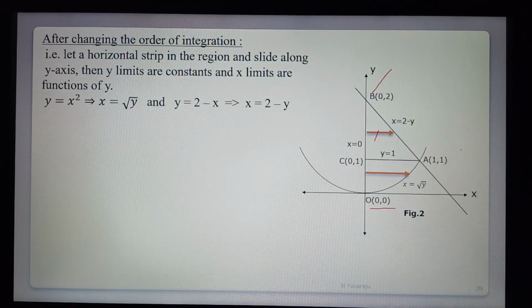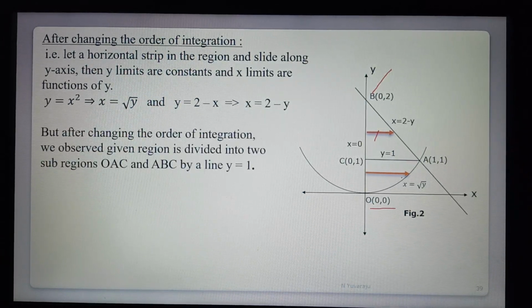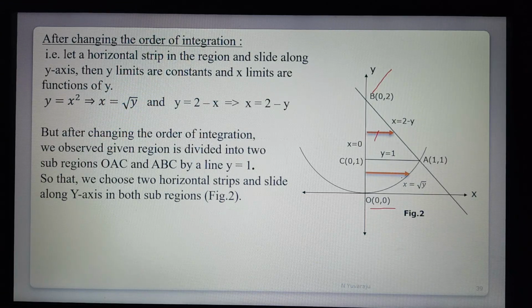After changing the order of integration, we observe the given region is divided into two subregions OAC and ABC by the line y is equal to 1. That is, the line y is equal to 1 divides the given region, so that we choose two horizontal strips and slide along the y-axis in both subregions from figure 2.